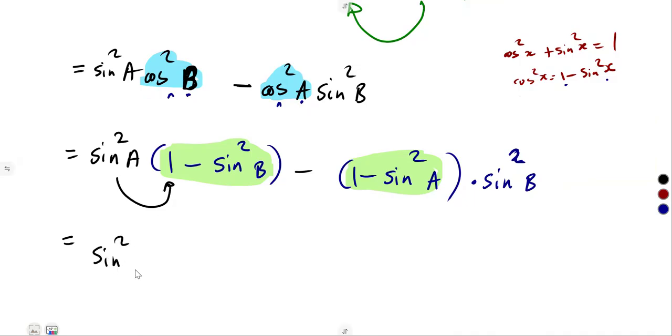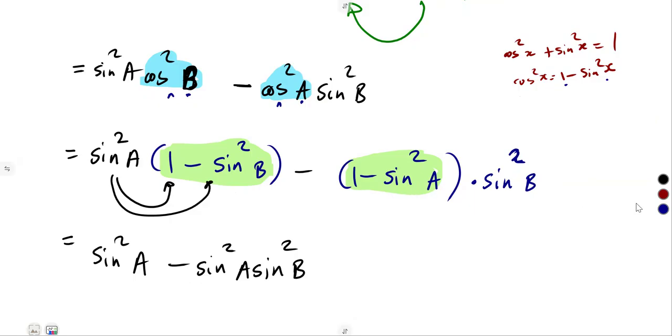That is the sine squared of A. Sine squared A multiplies the sine squared of B, and there's a minus there. Minus sine squared of A, sine squared of B. We are done with the first bracket.